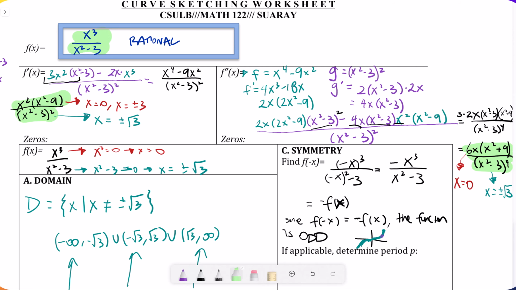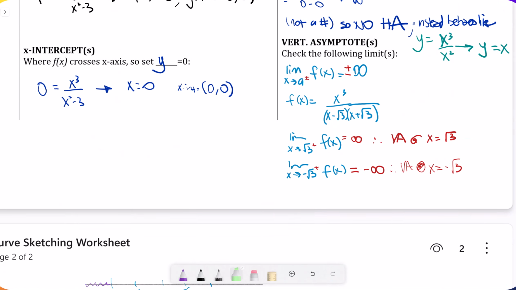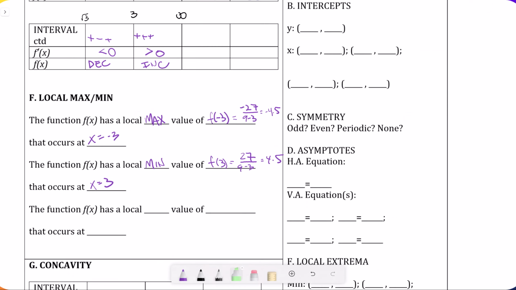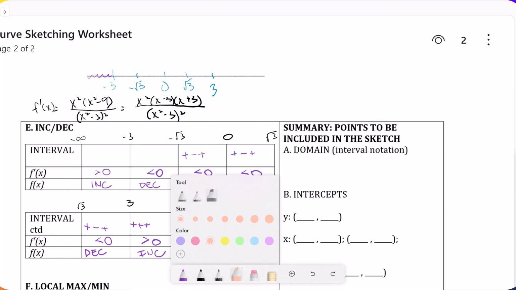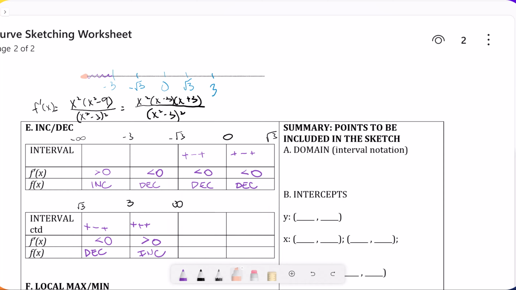So we just have positive or negative radical 3 and 0 as our zeros, so less than what we had before. So what we'll see is that we'll have basically this interval from here to here, stop, from here to here, stop, from here to here, stop, and from here on to infinity and beyond. So we'll have 3 cuts, 4 pieces.